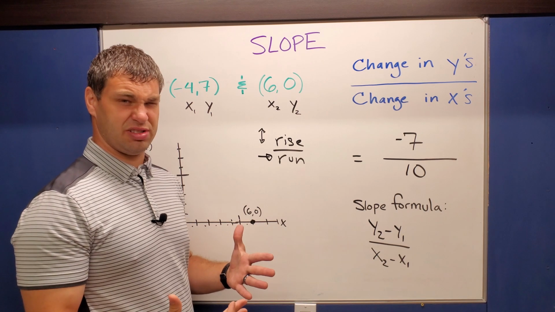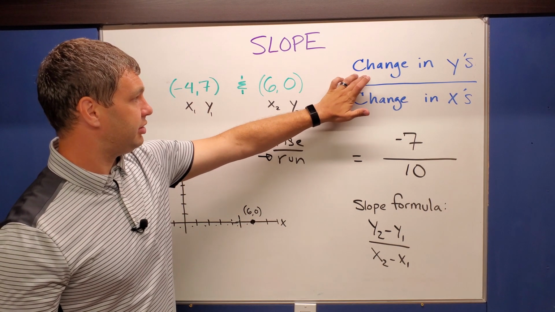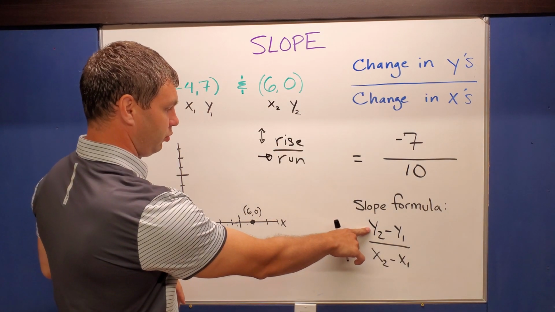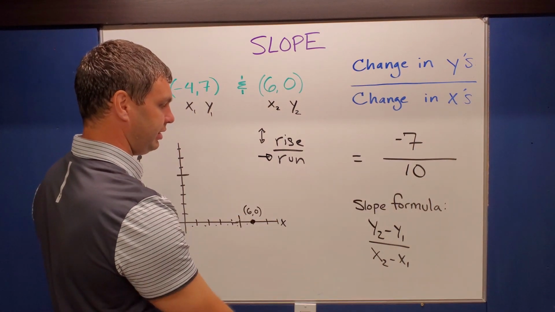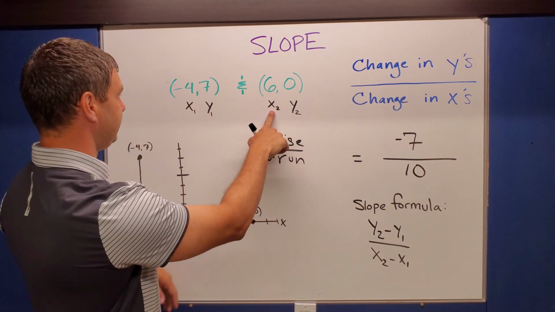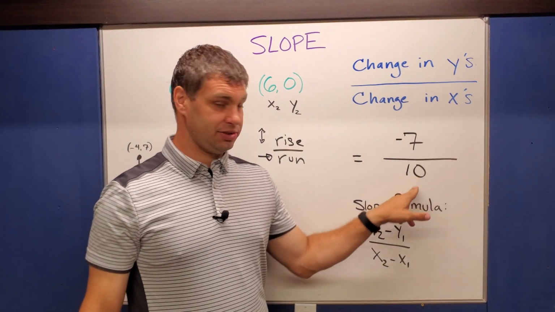Change in math terms is the difference, and difference means subtraction. So the change in y's, y2 minus y1, is 0 minus 7, that's -7. x2 minus x1 is 6 minus -4, which is like 6 plus 4, so that also gives me the 10.